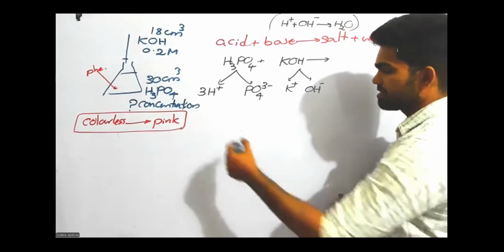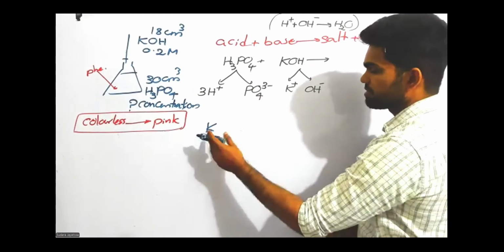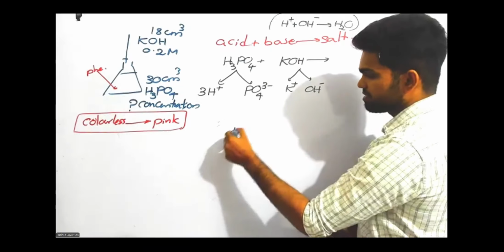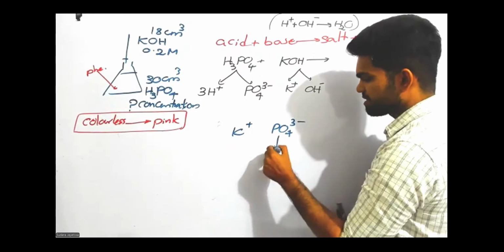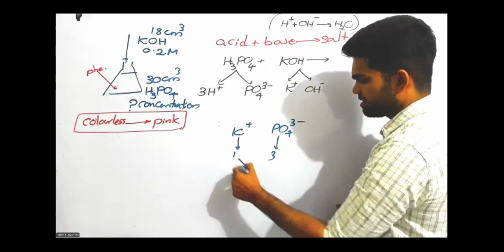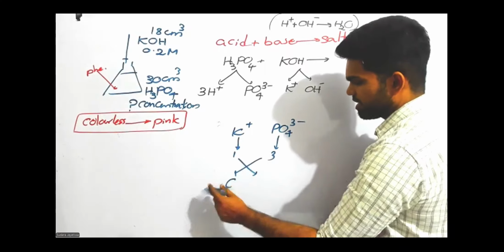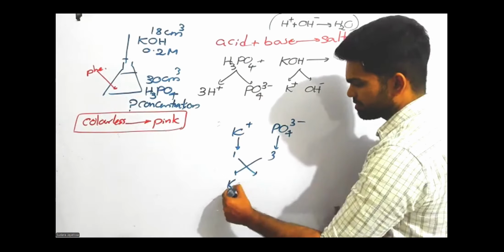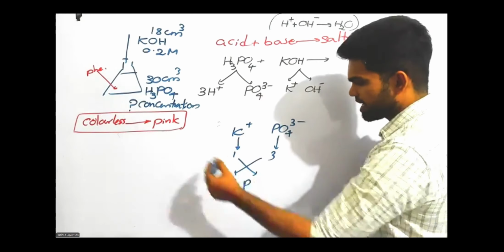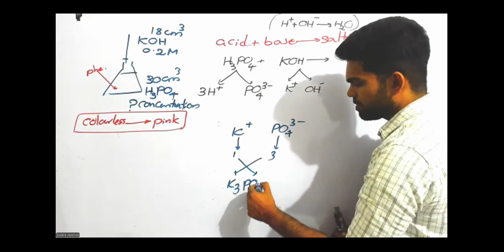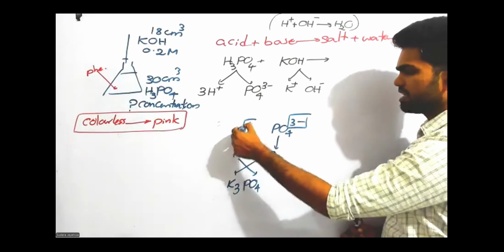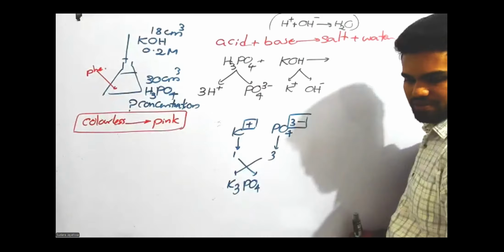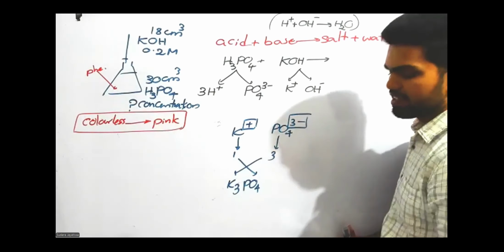Let's get the formula of this salt using our O-level knowledge. We can exchange the valencies, 3 and 1, cross them, and you get K3PO4. You need 3 potassium ions, or simply, to counter this minus 3 charge you need 3 positive charges that come from K3.